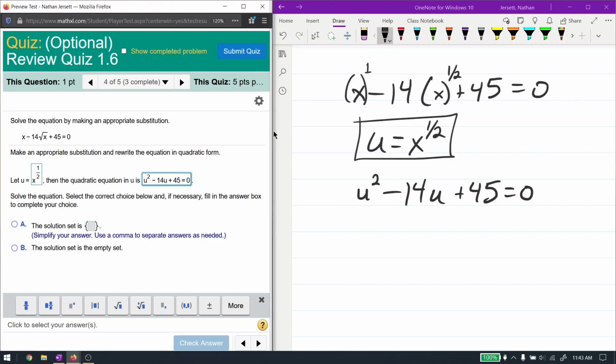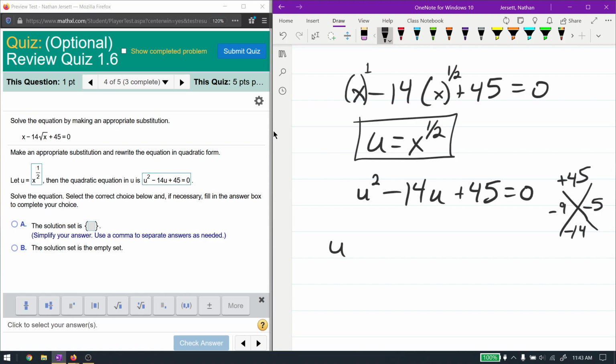Now all I need to do is solve this how I normally would. So I can factor this with the AC method, a 45 and negative 14. Let's see, that gives us, I believe, negative 9 and negative 5. This is actually a positive. That makes it all work out correctly.